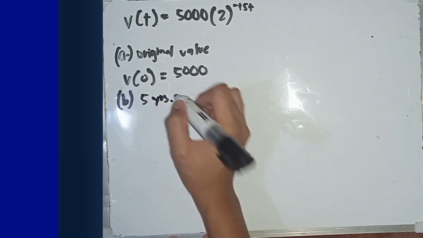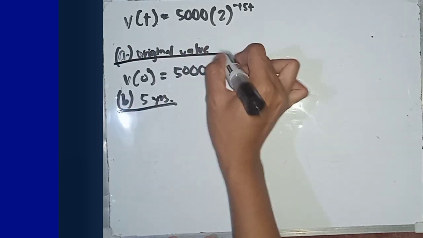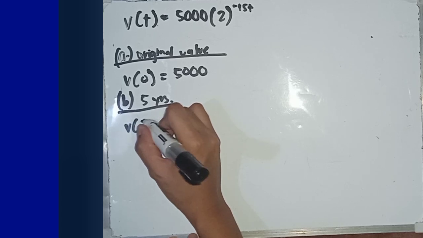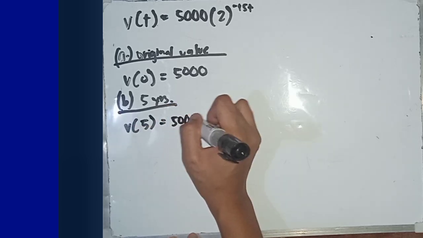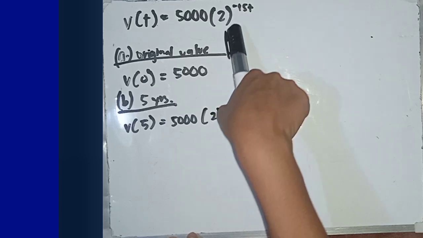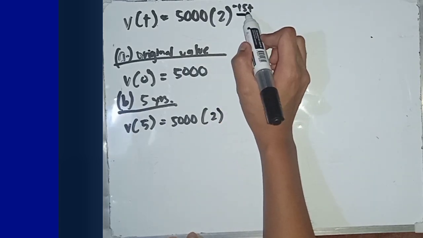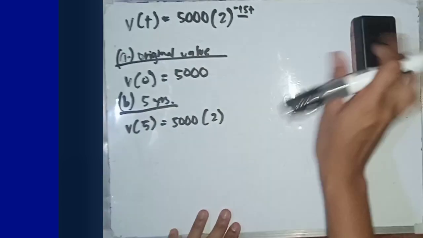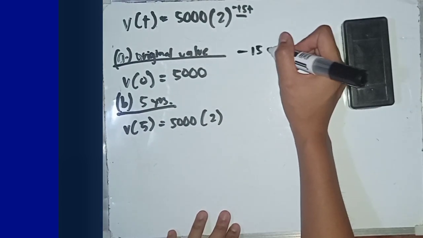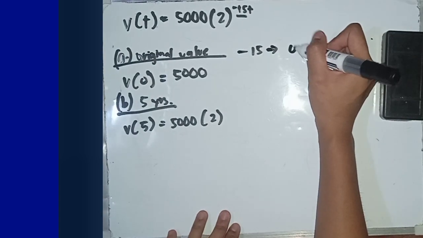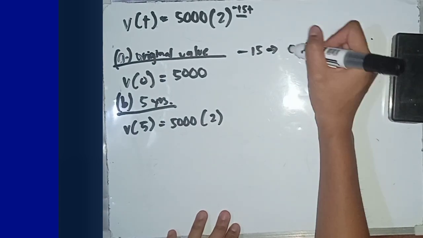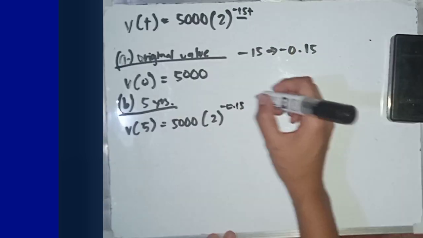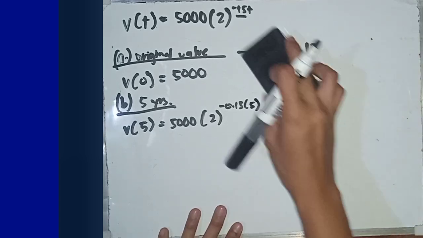And the B would be the value of the machine 5 years after the purchase. Okay, so we will be setting the T to 5. So V of 5 is equal to 5,000 times 2 raised to the power of negative 0.15t. So that is negative 0.15 times 5, which is negative 0.75.